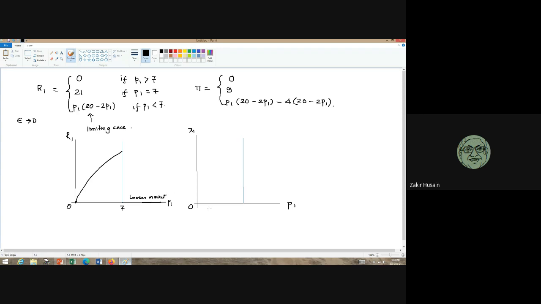In case of the profit, I made a mistake over here. Remember that the break-even point is 4 and this is 7. So that means the profit will rise like this and will come over here.